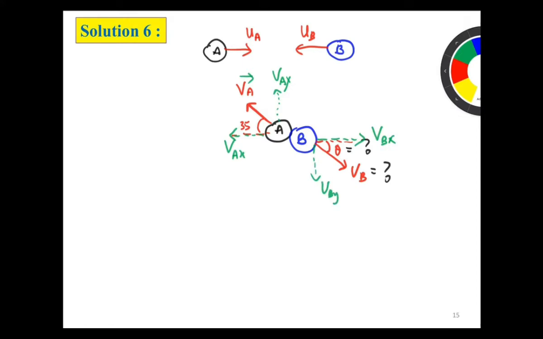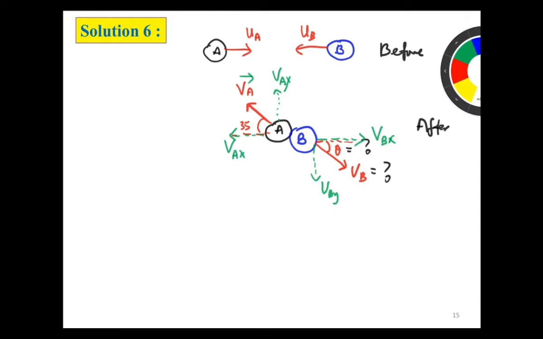Okay. So, bila kita dah lukis diagram, kita perlu cari dia punya magnitude. Lepas dah cari magnitude, kita akan cari dia punya direction. Okay. So, ini adalah before collision. Sebelum. Ini before. And ini adalah after collision. After. Okay. So, kita akan guna principle of conservation linear momentum.